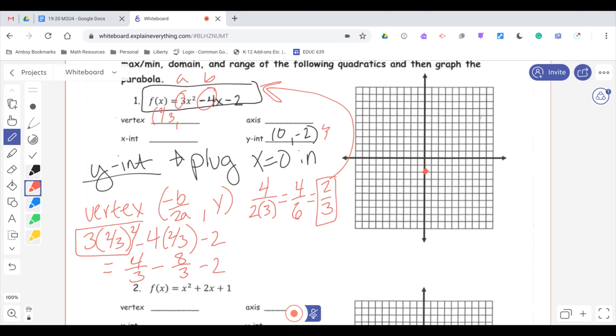So we have negative 4/3 minus 2 equals negative 3 1/3 or negative 10/3, however you want to put it. And I mean, decimals aren't bad, but with thirds, it's pretty easy to judge. Okay, so I'm going to graph that point, 2/3, negative 3 1/3.